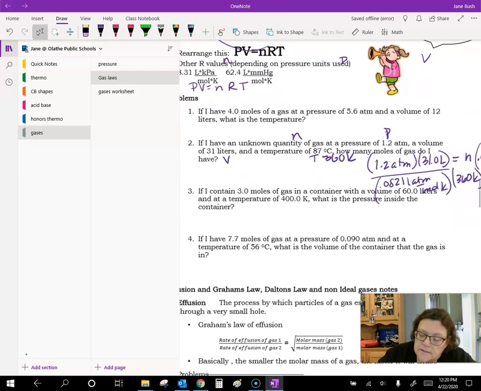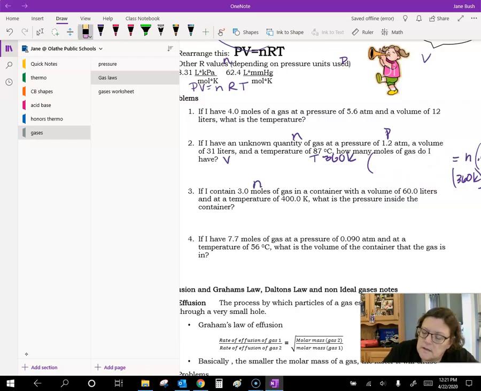Number 3, if I contain 3 moles of gas in a container, so this is N. Here's V, here's T. We're going to solve for pressure. PV equals nRT. So P is our unknown.